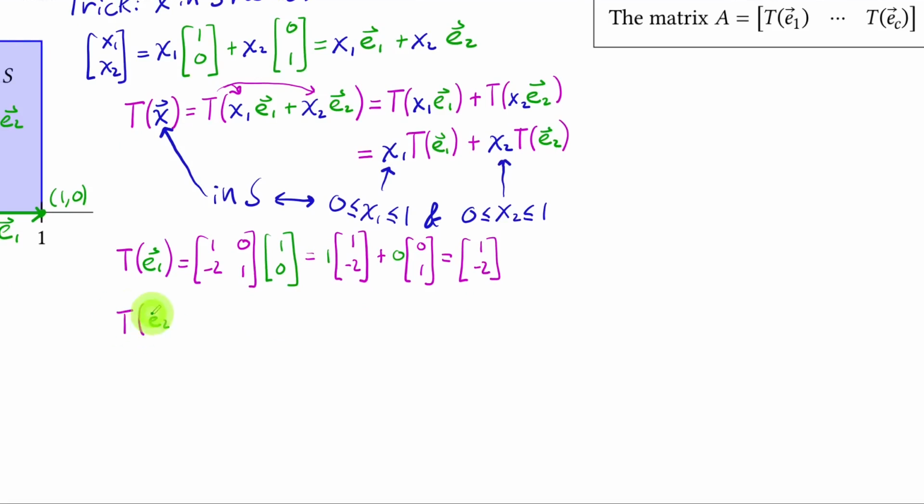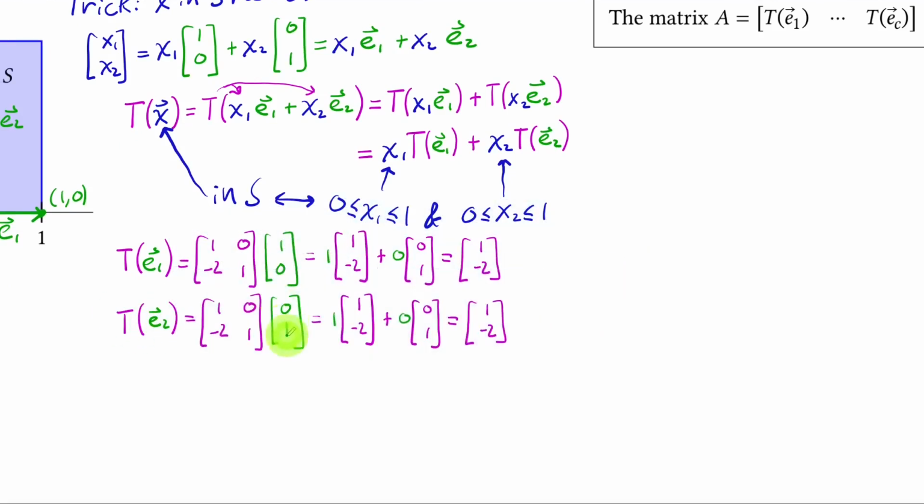Likewise, T of e2 uses 0 and 1 as weights, and what we get is just 0 times that first column plus 1 times the second column of A, which is just 0, 1. So T of e2 is actually equal to e2 in this case.